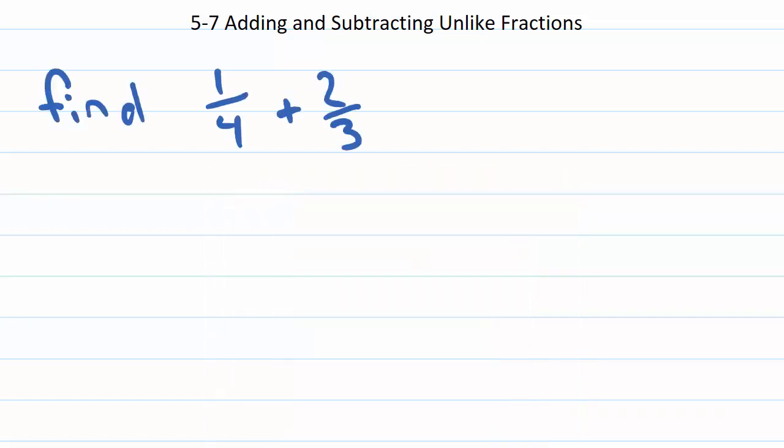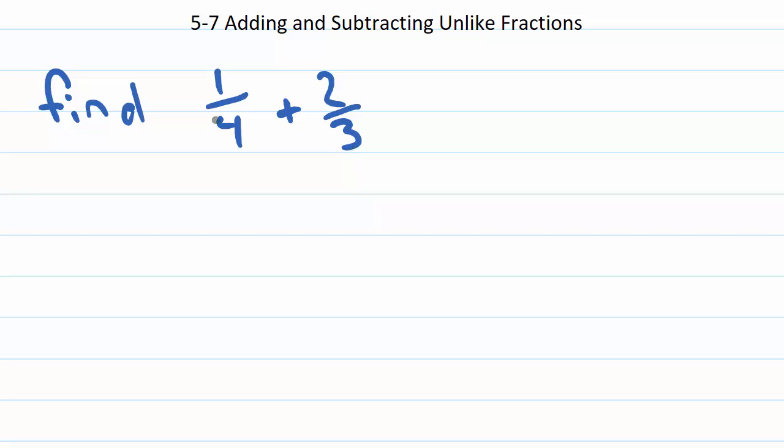So we'll start here. If we were asked to find 1/4 plus 2/3, I can't add these because they don't have common denominators. The denominators aren't the same, so these fractions aren't like. So I can't add them yet. What I need to do is build these fractions to equivalent fractions, fractions that have the same value but the same denominator.